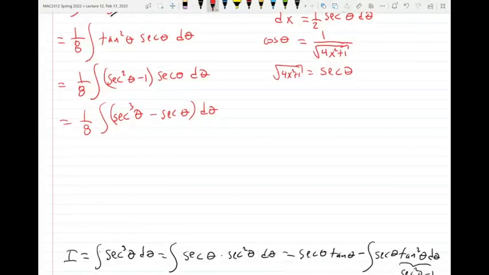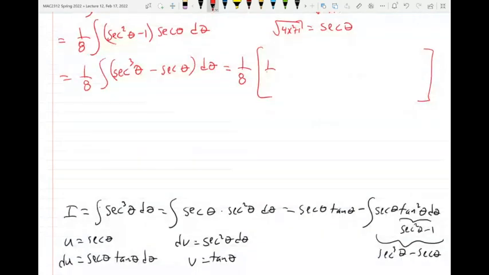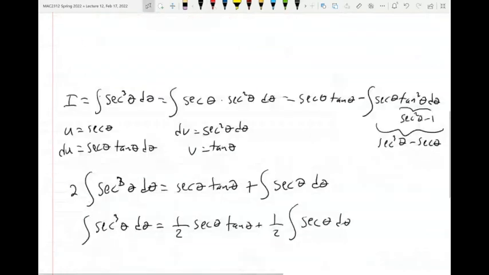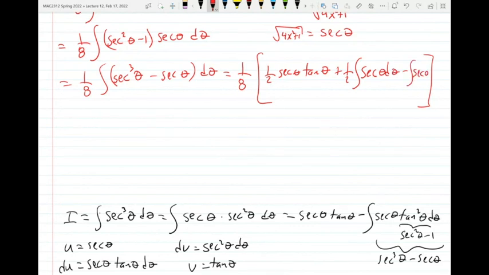So this now becomes 1/8 times, so the integral of secant cube is this, 1/2 secant tangent plus 1/2 integral of secant, but then we need to subtract another integral of secant.